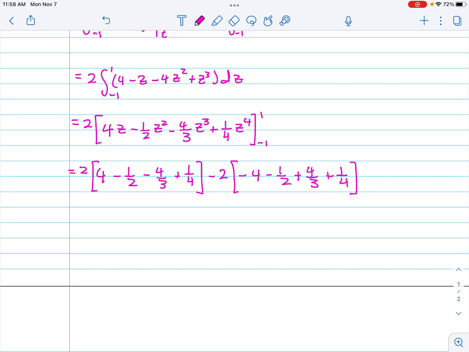Okay, now let's see what we've got here. We've got 2 times, let me just combine these. I've got 4 minus 4. Ooh, 4 plus 4, isn't it? See, a minus and a minus. Then I've got negative 1/2 plus 1/2. I've got a negative 4/3 minus 4/3.